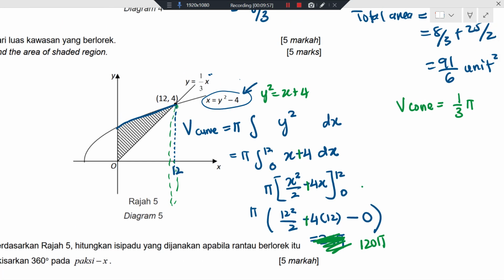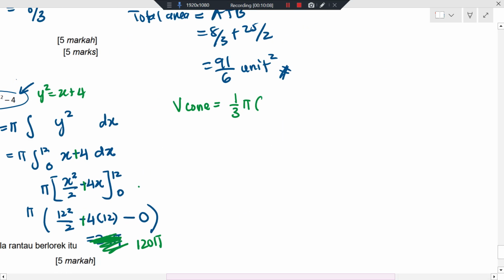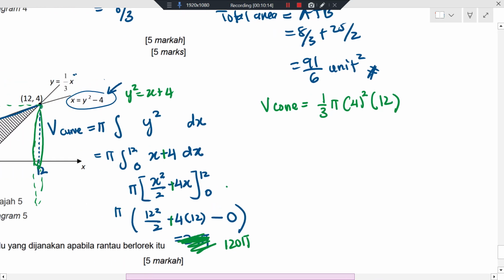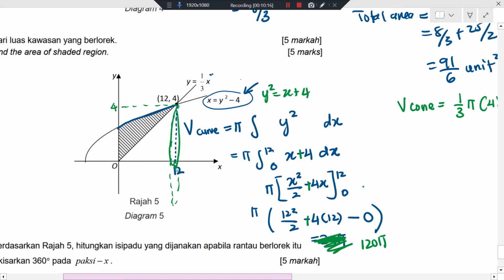So the y-axis here is 4, right? So your radius is 4 lah. Okay, this part 4 so 4 square, and then the height should be 12, because your formula is 1 over 3 pi r square h. So this part should be your radius, this part should be your height.